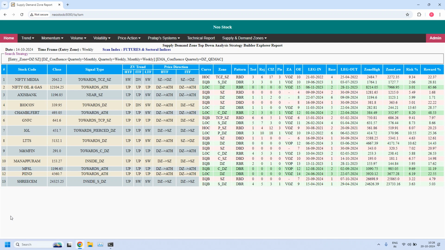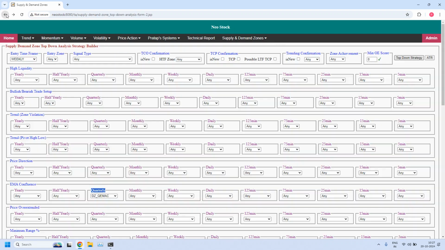These 13 stocks are filtered. In all these 13 stocks, quarterly demand zone confluence is there for these demand zones. This is the way you can filter. But for the quarterly sideways trend, you can eliminate the first stock, because the quarterly trend should always be an uptrend.